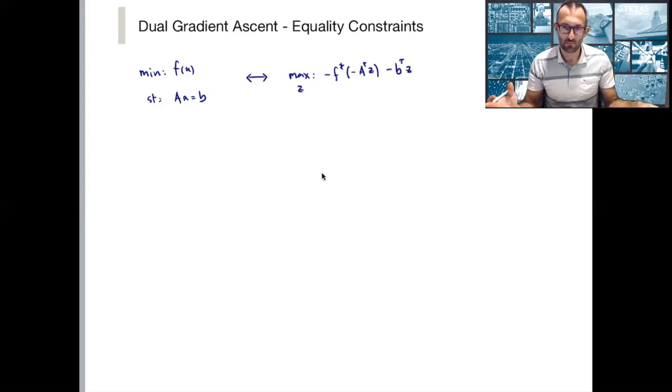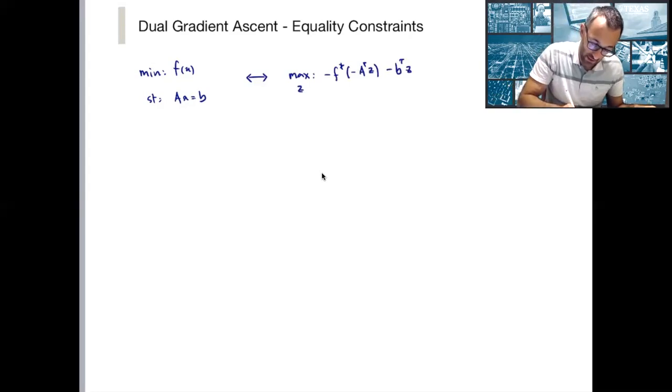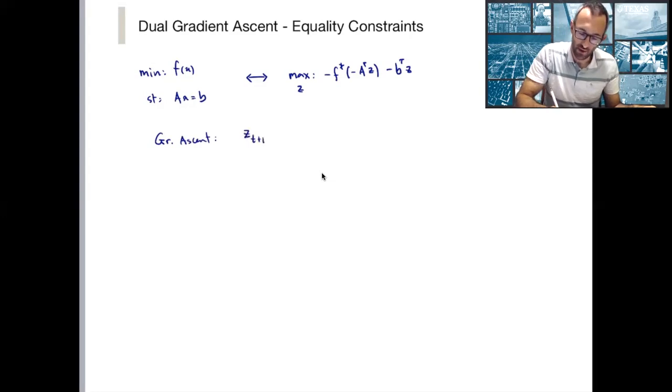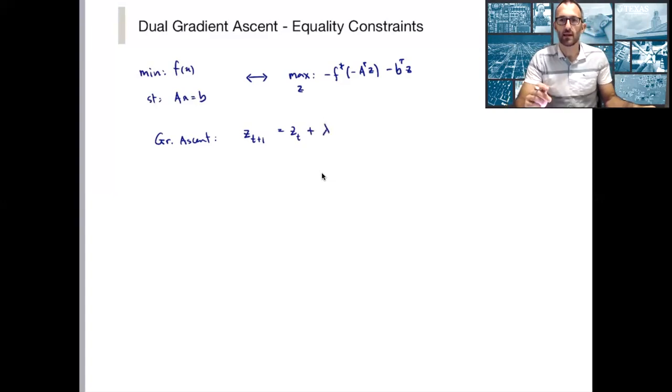And what's a gradient descent? In other words, what's gradient ascent? In this case, it's just z_{t+1} is equal to z_t, not minus, but plus, because now we're following the gradient because we're maximizing. So plus our step size and an element of the subdifferential.